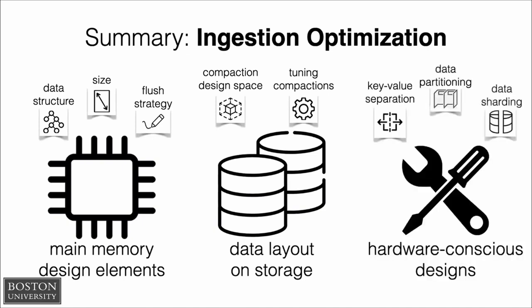And finally, we talked about the hardware conscious designs or the data placement based designs, where we had SSD conscious designs that would help us have better ingestion performance on SSDs. And then in a distributed environment, we can either go for a sharding or partitioning based scheme.